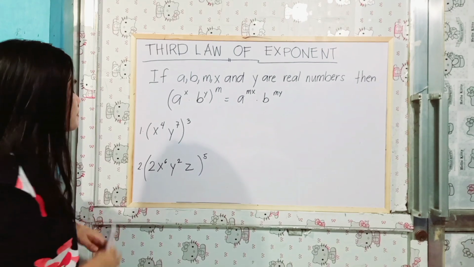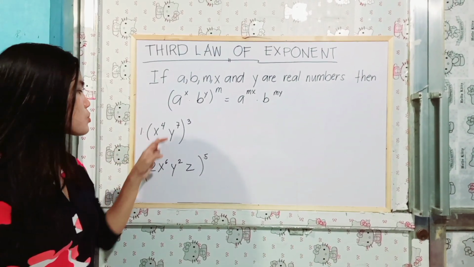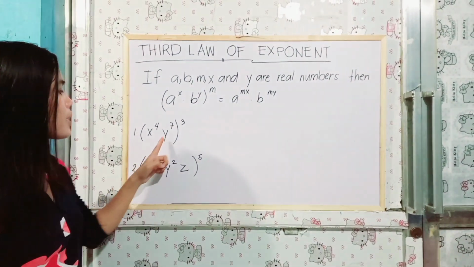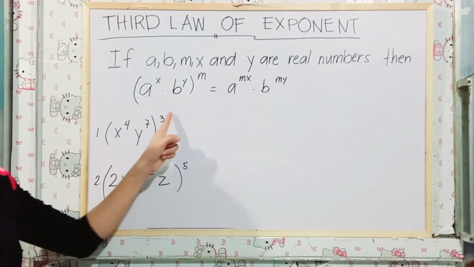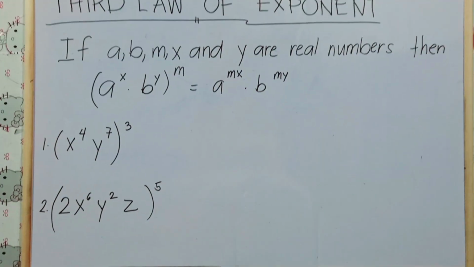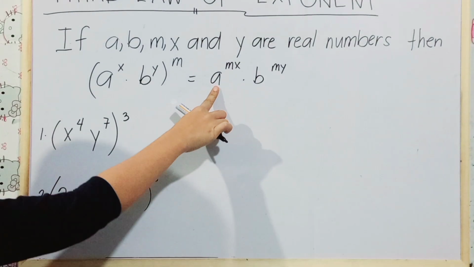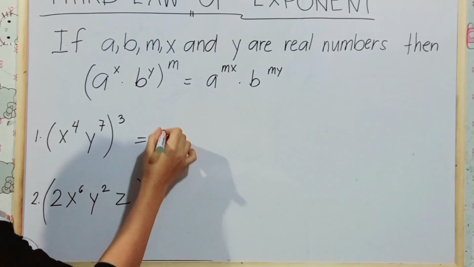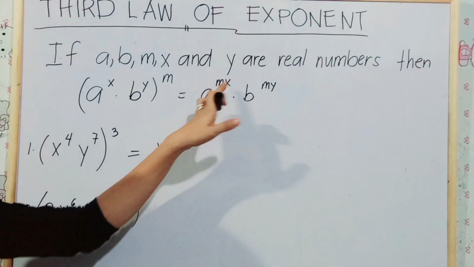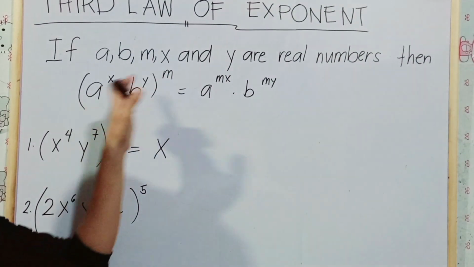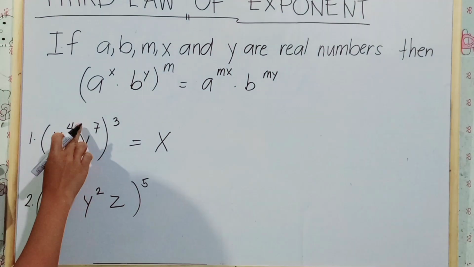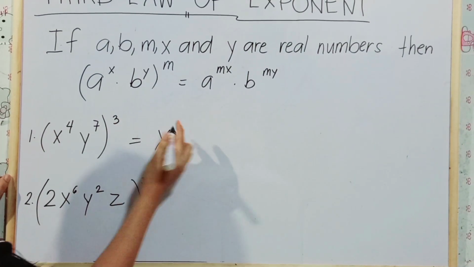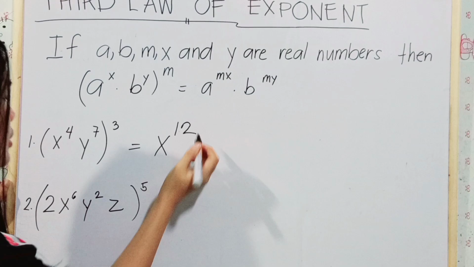So we have here (x^4 y^7)^3. So we follow the rule. Copy the base. So we have here x, and then multiply the exponent. So we have here 4 times 3 is 12.